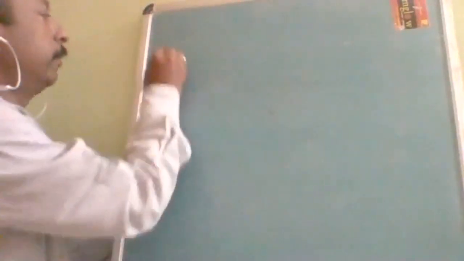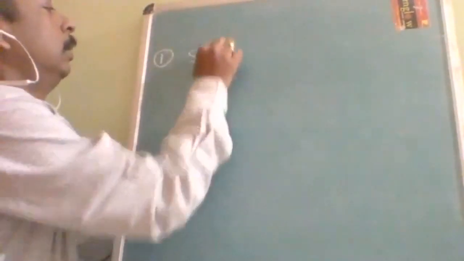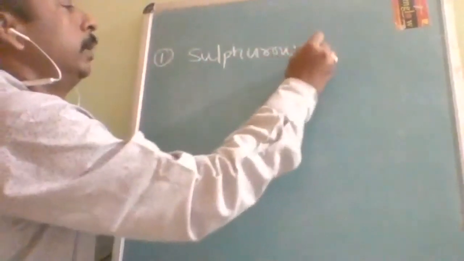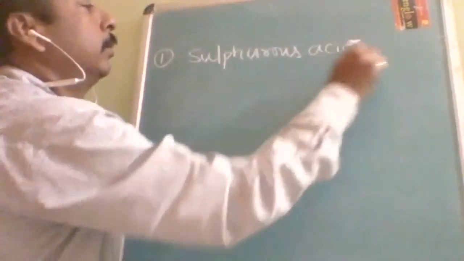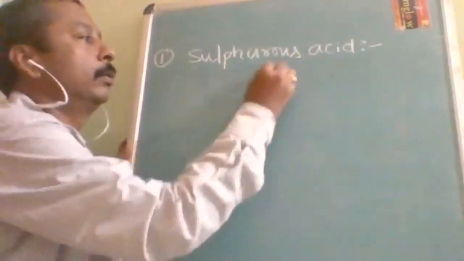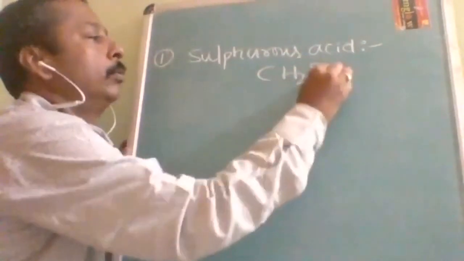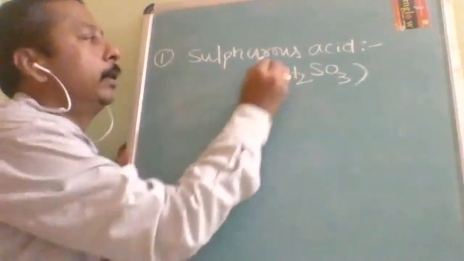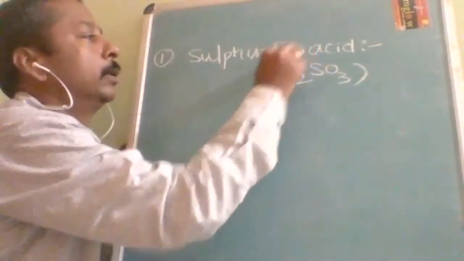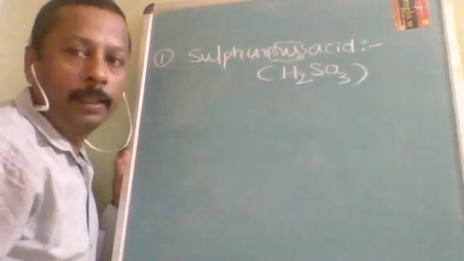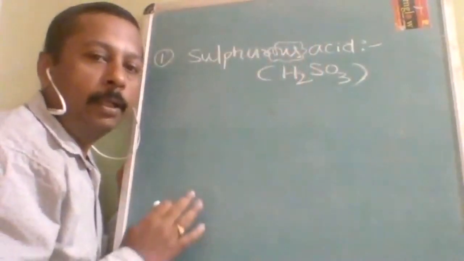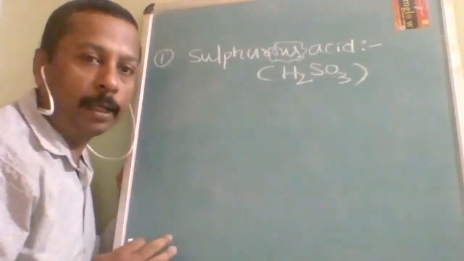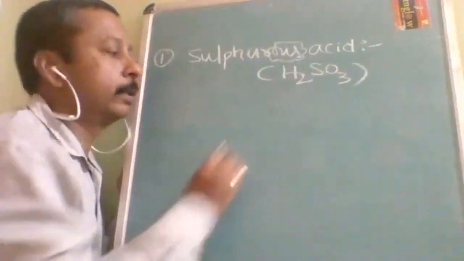First and the very easiest one is sulfurous acid. The formula is H2SO3. Wherever OUS is there, it means this is less than the highest possible oxidation state. I already explained the inert pair effect in the previous class.